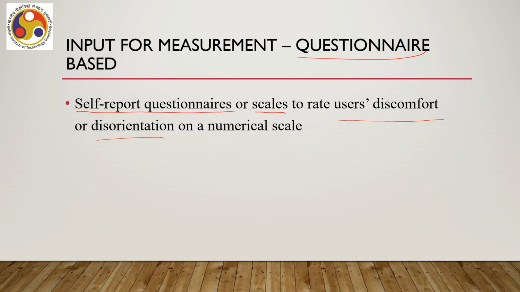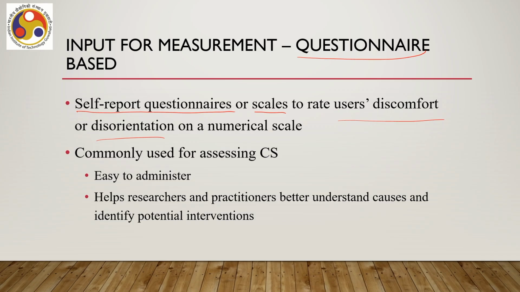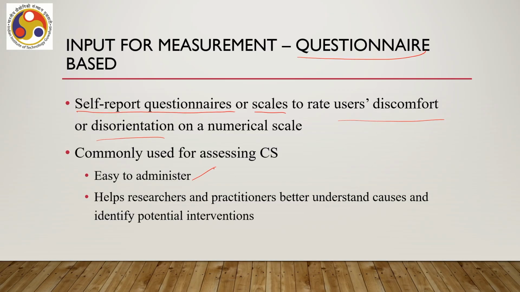So, these are generally in the form of ratings. Now, these type of rating scales for measuring CS are quite common. They are easy to administer and help the researchers or practitioners to better understand the causes and identify potential interventions.